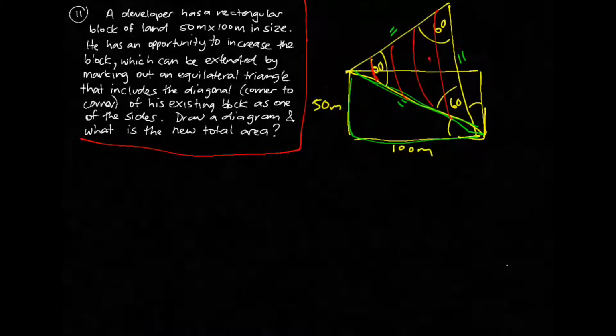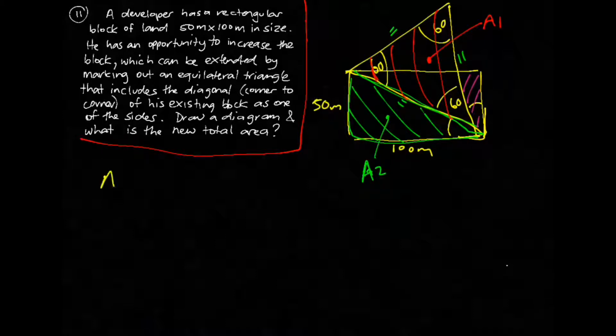So we call that A1. And to work out the area of this triangle, we'll call that A2, we know we can work that out by half base by height. And then we just need to work out the area for this little triangle here and add it on.